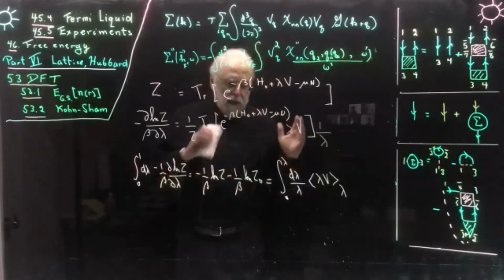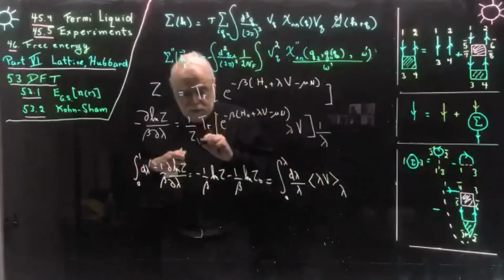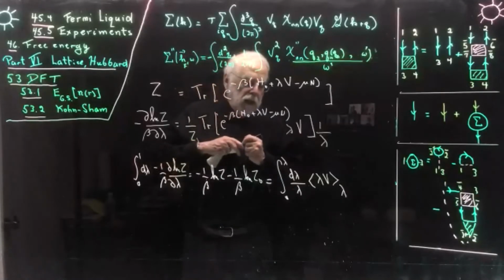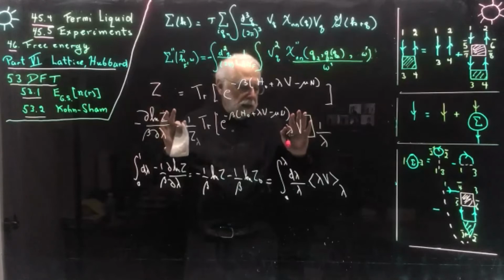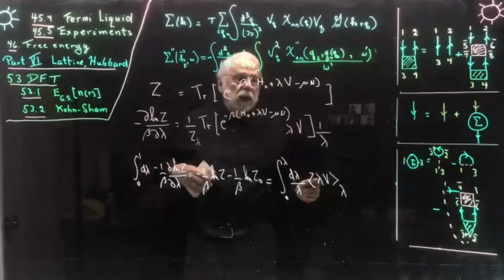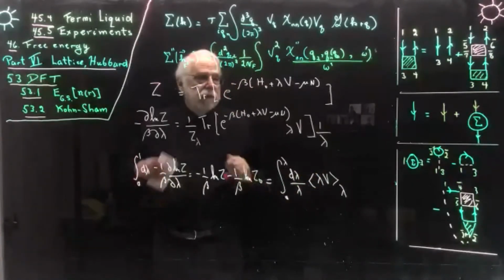This is okay, because there's some lambda dependence here as well. So this whole thing is really the electron gas theory, but not with the charge e squared, but with a different charge, lambda times e squared.